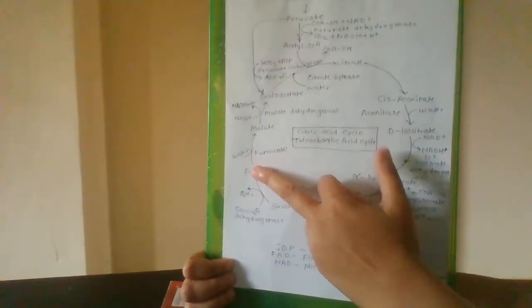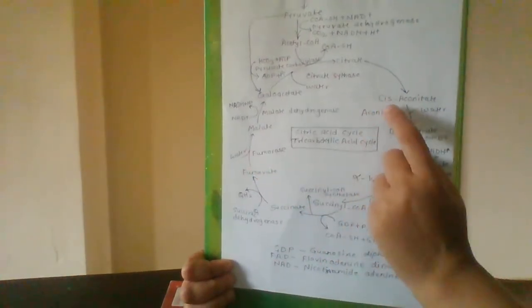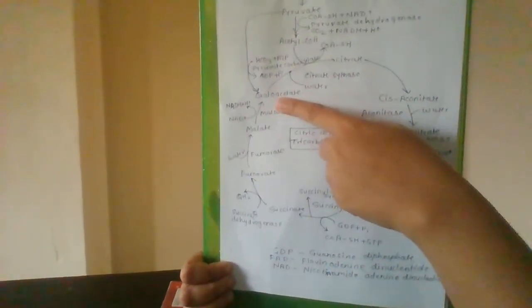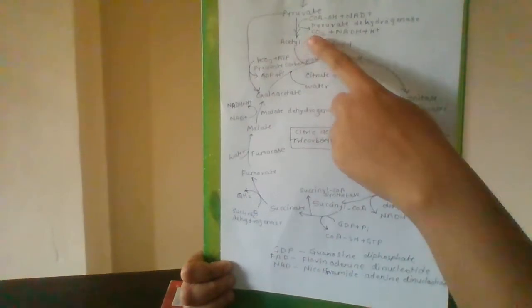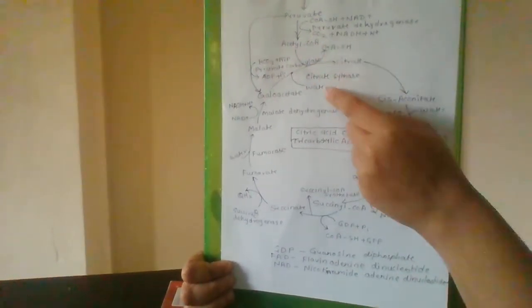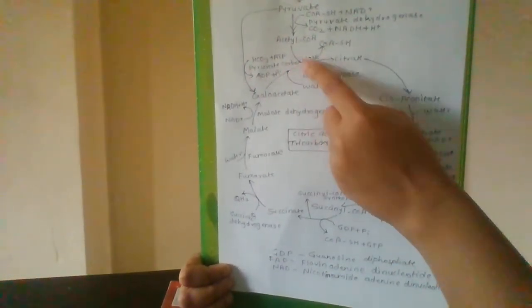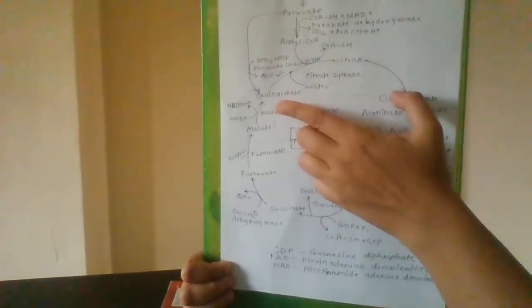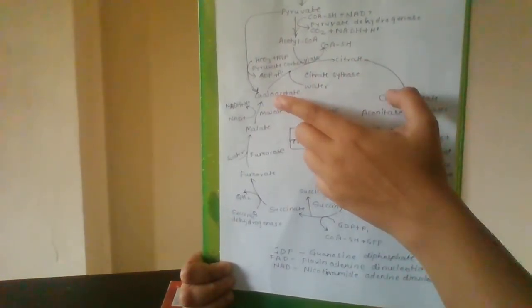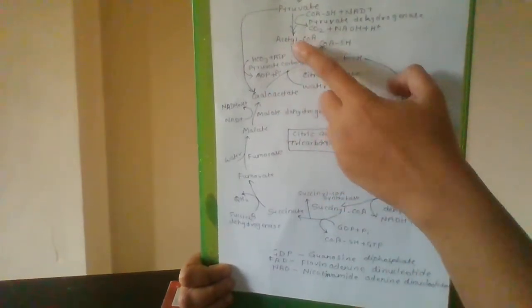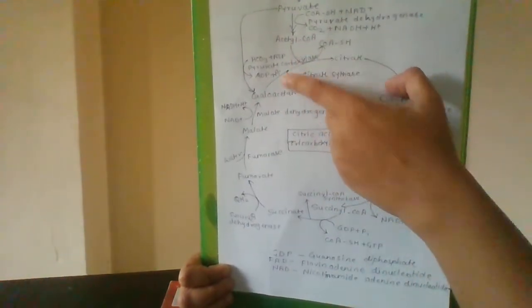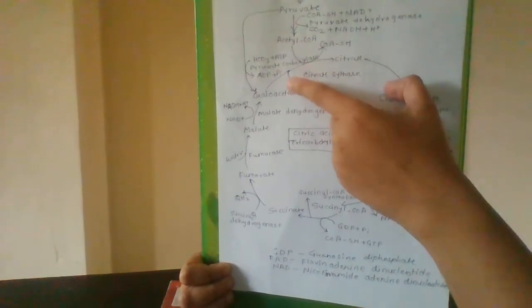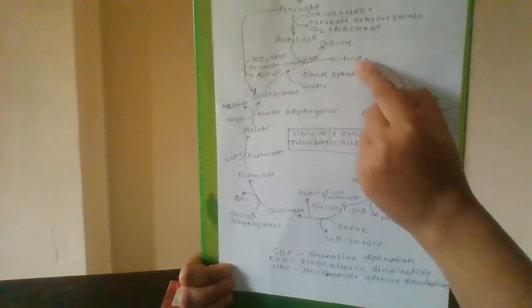Water gets added in three steps. In the first, oxaloacetate, acetyl CoA, and water, three reactants, get combined to give citrate.